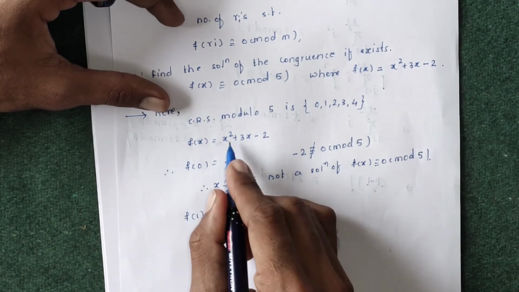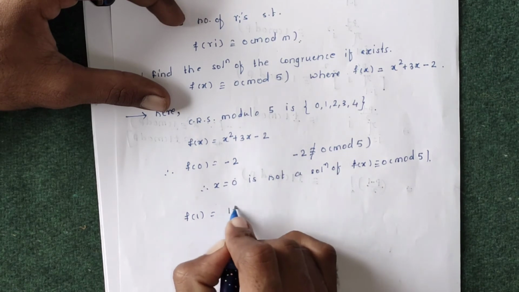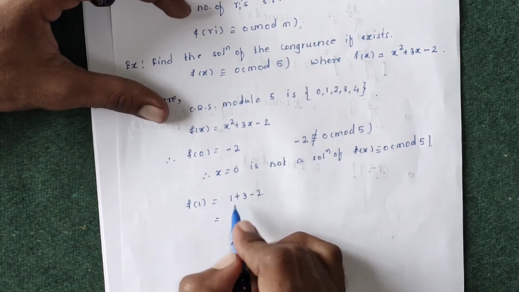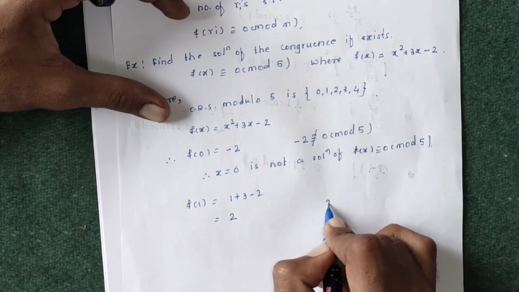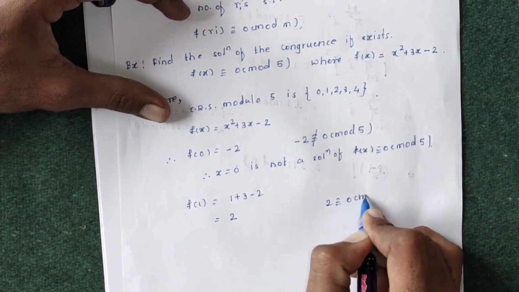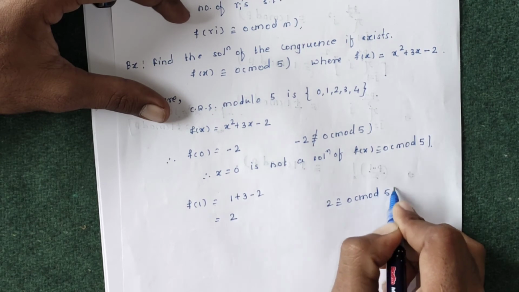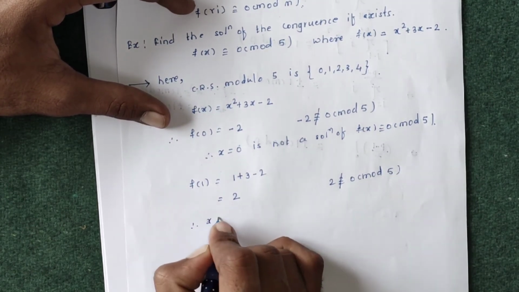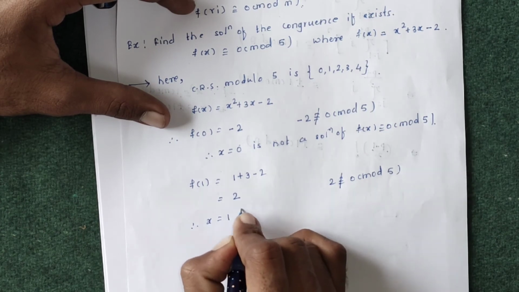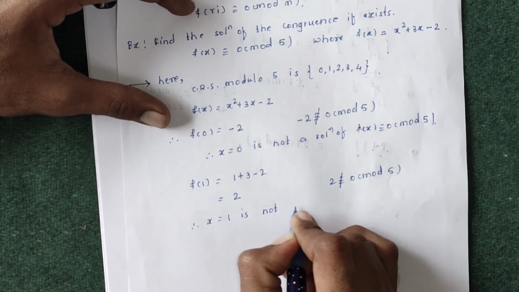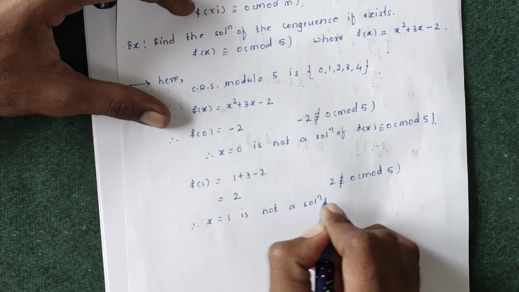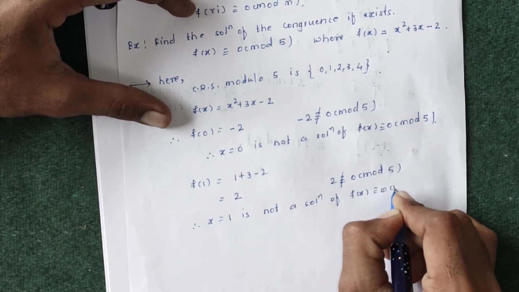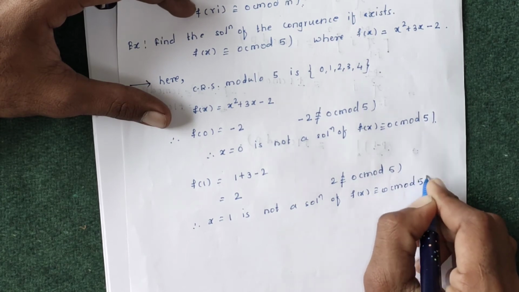Now similarly we will check for f of 1. F of 1 is 1 square, 1, plus 3 into 1 is 3, minus 2, which equals 2, and this 2 is not congruent to 0 modulo 5. Hence x equals 1 is not a solution of f of x congruent to 0 modulo 5.